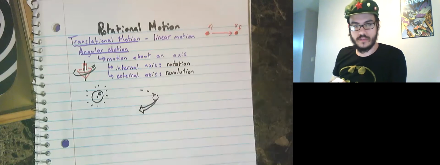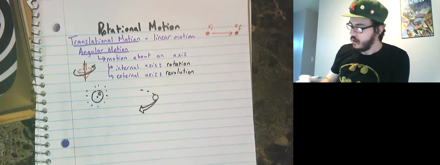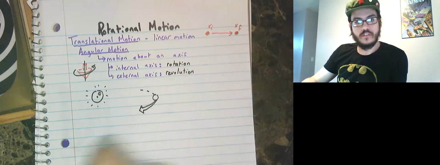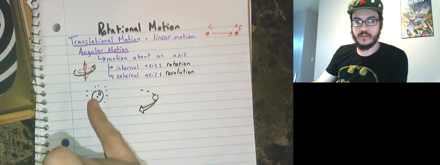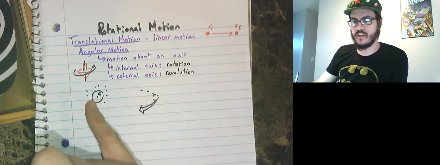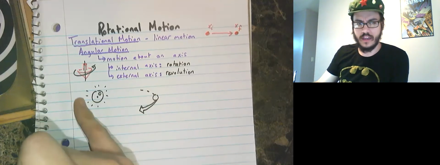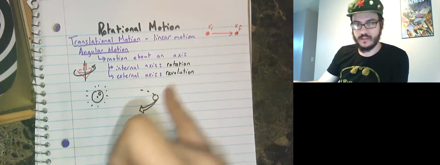Tried to do kind of a 3D thing there. And the Earth is swinging around that point Q. Now, point Q, the center of the Earth-Sun system, is outside of the Earth, so the Earth revolves.